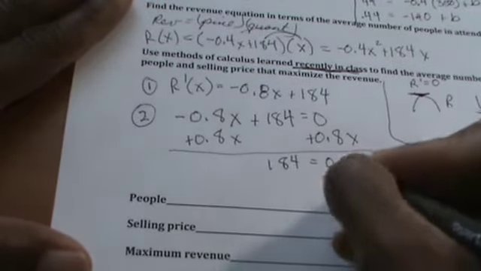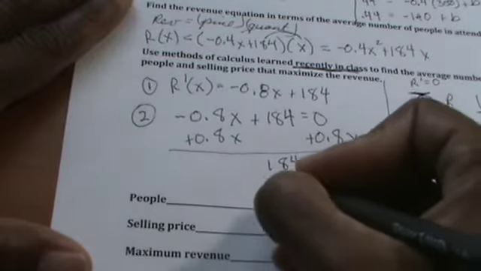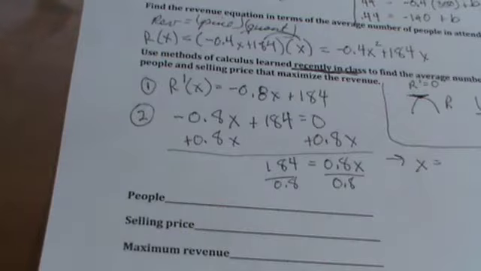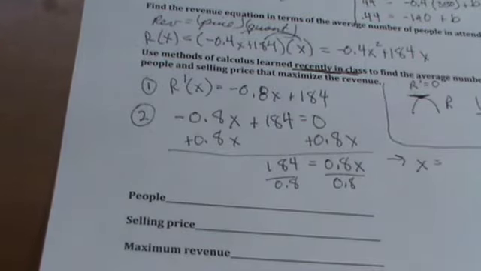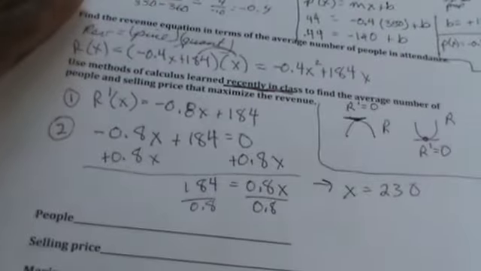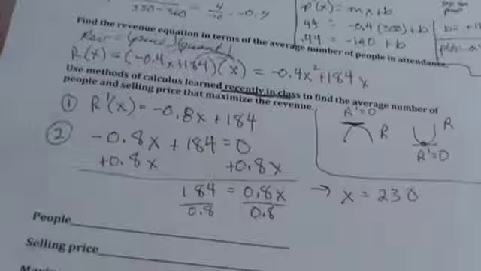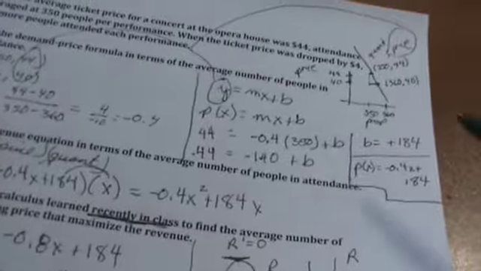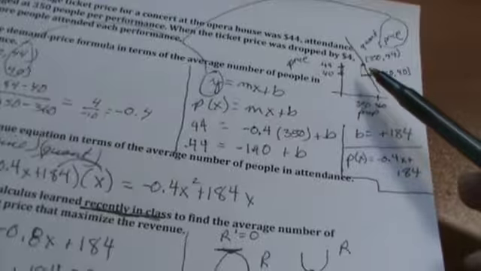Okay, I'm going to divide both sides by 0.8. This gives me x equals 184 divided by 0.8, which is 230. Now I have to be really careful because it's not just 230. I have to remind myself what x was. So I'm going to go all the way back to the beginning. I'll notice x is the quantity.